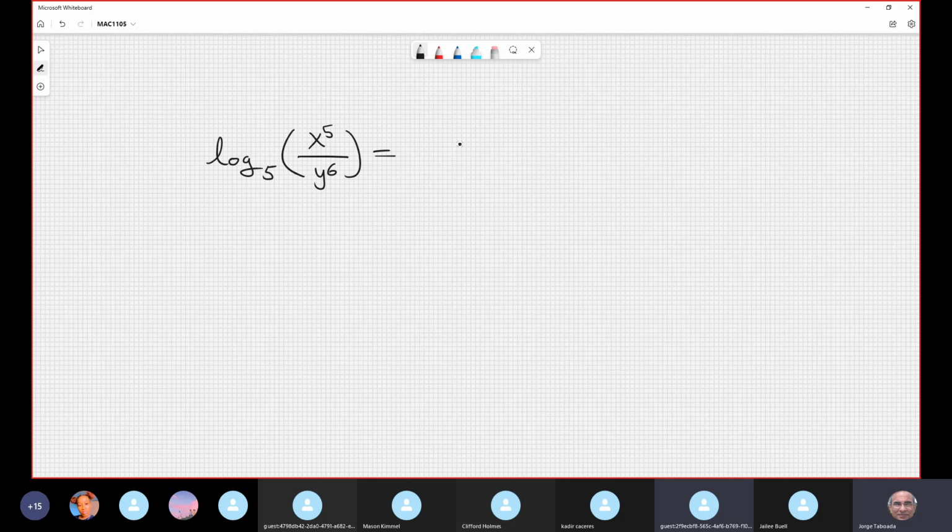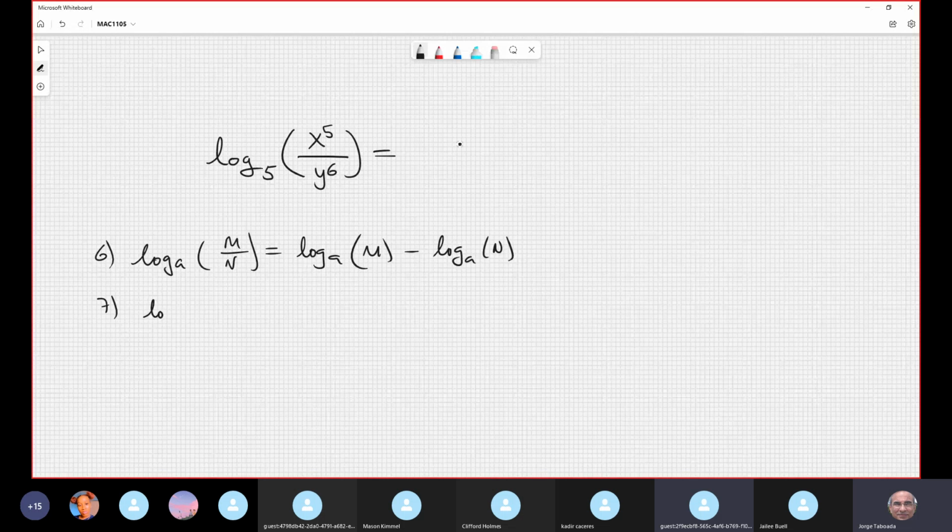So basically you apply property 6, which says the log of any base a of m divided by n is equal to log a of m minus log a of n. And you also apply property 7, which says the logarithm of base a of m to the r exponent is r times the logarithm of base a of m.